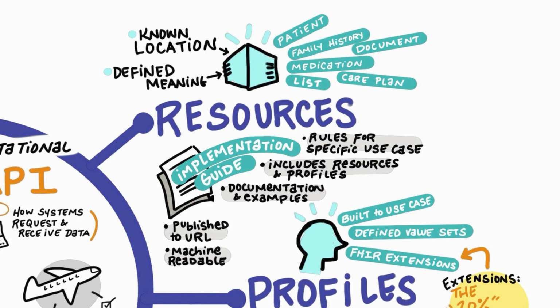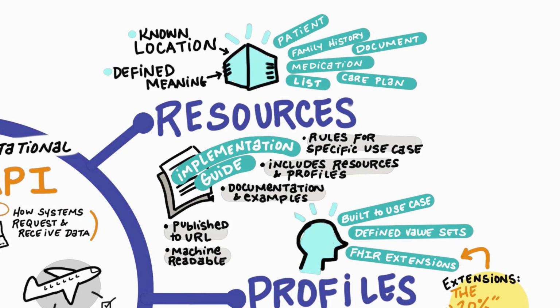to a URL, and then anybody can access that implementation guide, download it, and implement it in their system or for their application. So once again, the content of that implementation guide is machine readable. The implementation guide also has human readable examples of what you would use this implementation guide for.